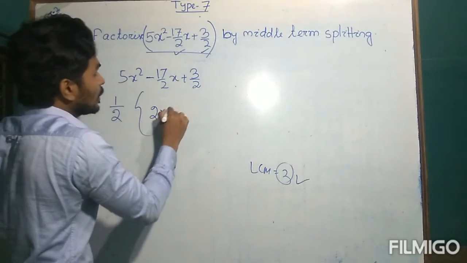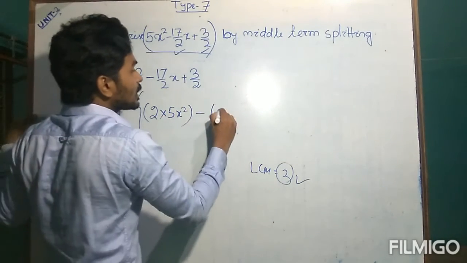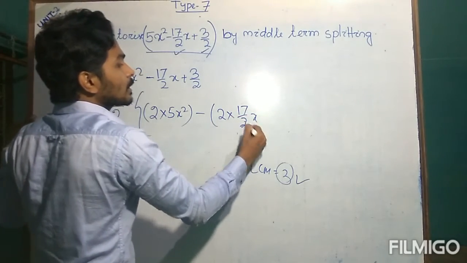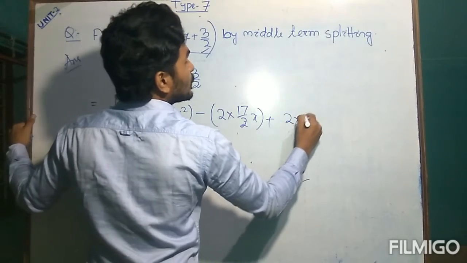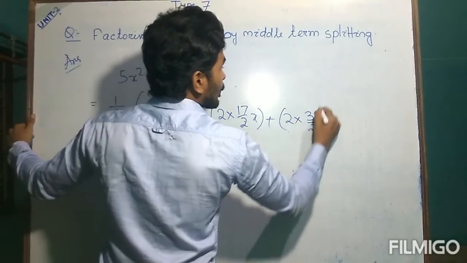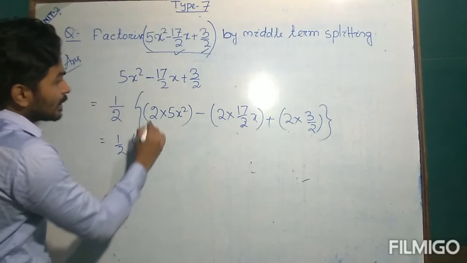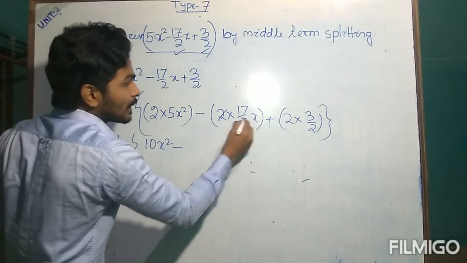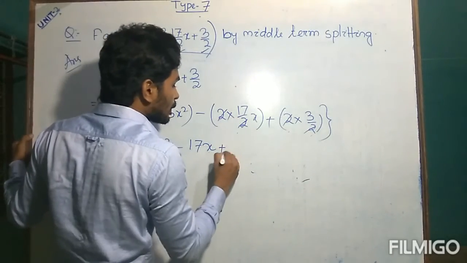So 2 into 5x square minus 2 into 17 by 2x, plus 2 into 3 by 2. So 2 fives are 10x square, minus the 2 cancels out, it will be 17x, the 2 cancels out, it will be plus 3.